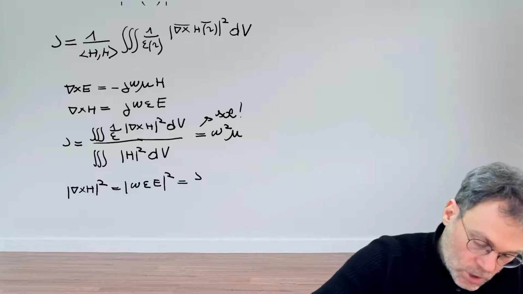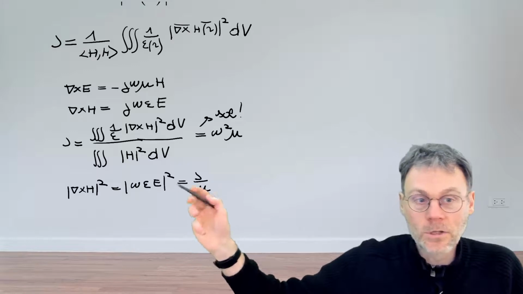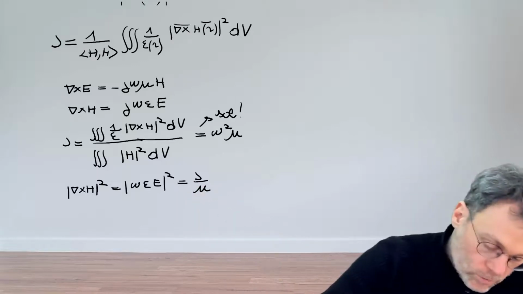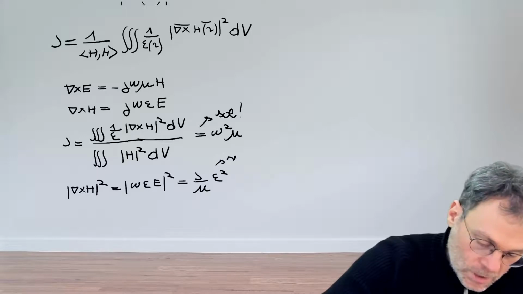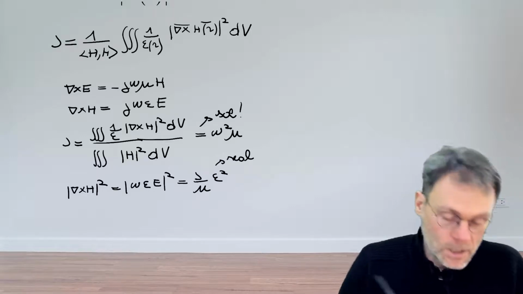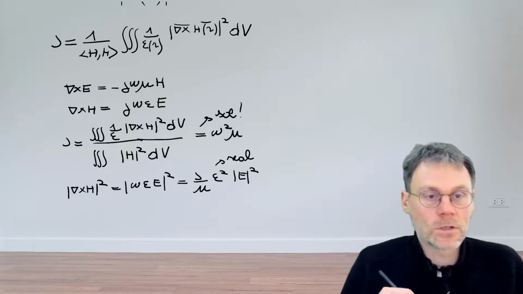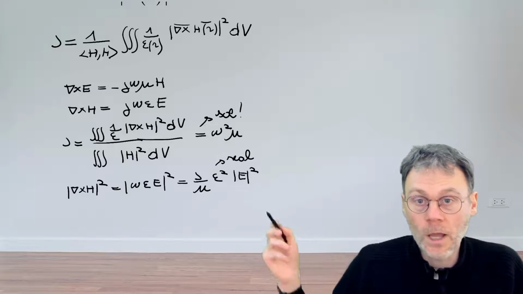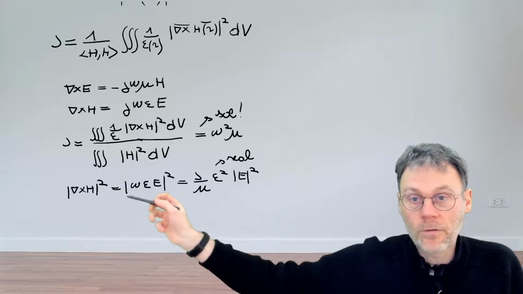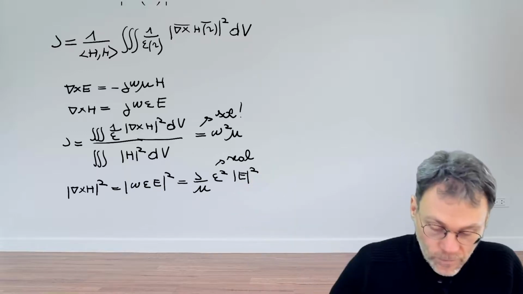And for the modulus of epsilon squared, we're going to assume that we're working with lossless materials. So if epsilon is real, which is the assumption here, then we can just bring that out of the modulus sign, and then we get this equation over here. So that's the numerator taken care of, having gotten rid of H and translated that into the electric field.